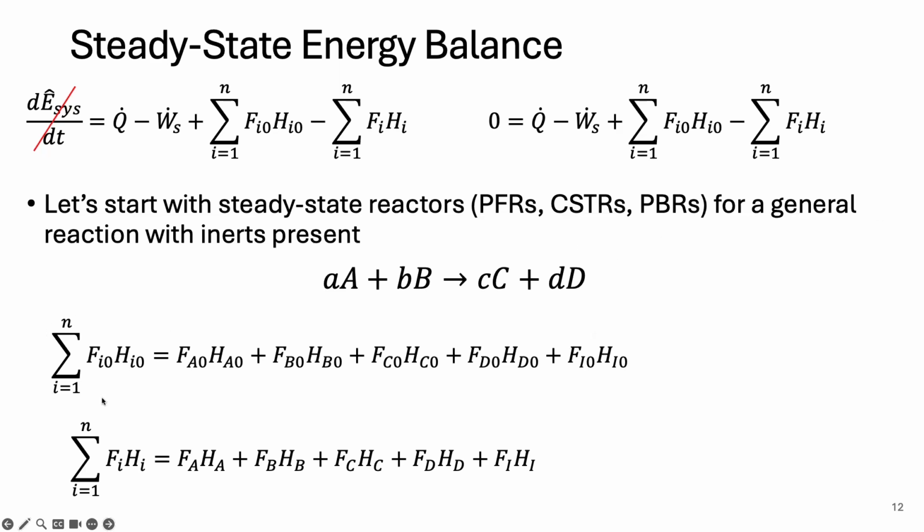So we can expand these summations to account for the flow rates of each species times the enthalpy of those species, both at the inlet and the outlet.